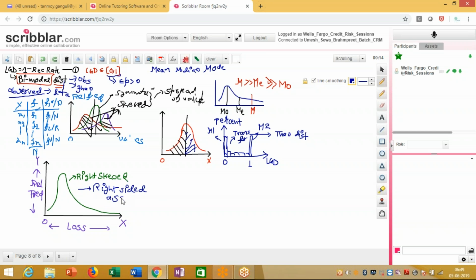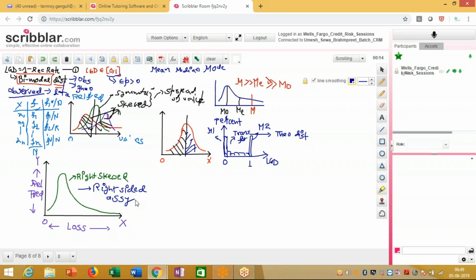Now the question is, how do we define this asymmetry? Or if it's a loss distribution for the bank, how do I define it? I'll say that the lower values of the losses are more likely to occur, and in fact the observed concentration of the losses is towards the lower end.